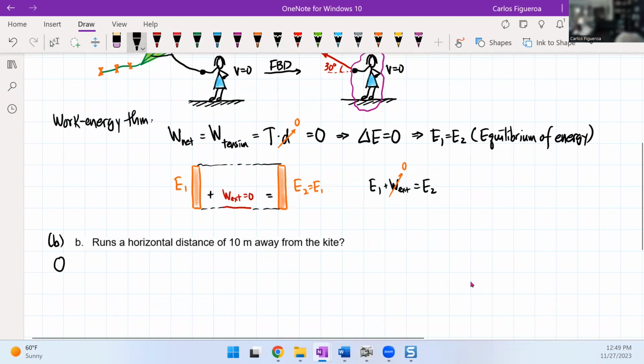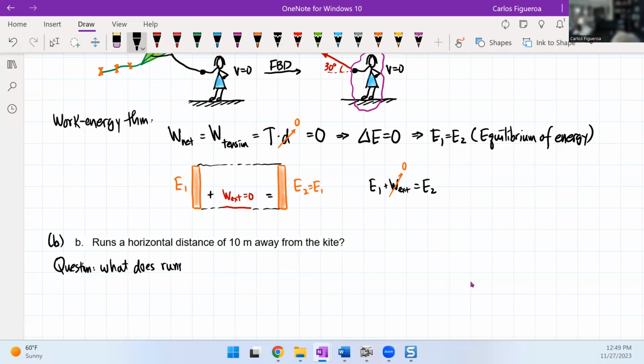And then the question is, what does running have to do with the work energy theorem?